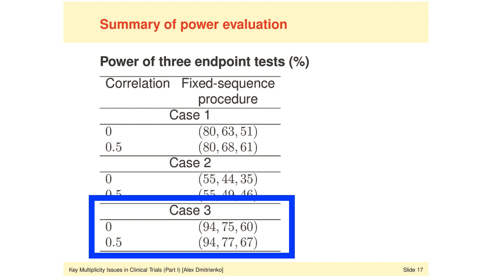The conclusion at the end of the day is that the fixed sequence procedure is not robust. It is in fact quite sensitive to the effect sizes of the tests placed at the beginning of the predefined sequence, and therefore it makes sense, whenever this information is available, to apply this multiple testing procedure only if there is strong prior information, strong historical data indicating that the magnitude of the treatment effect is expected to change monotonically across the testing sequence.